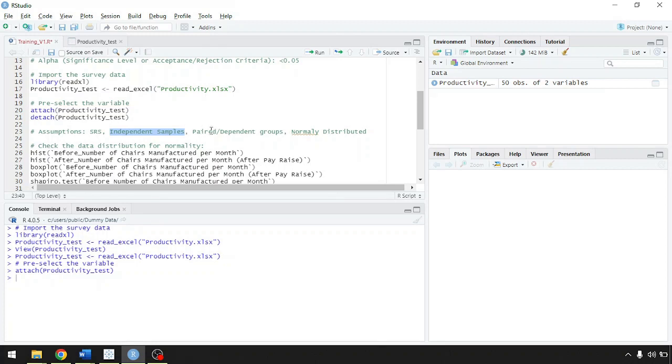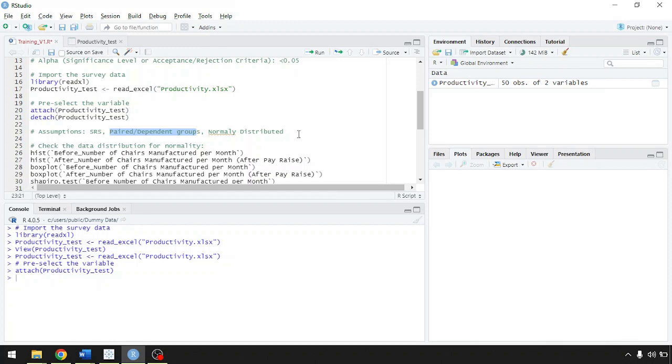The third, excuse me, this is wrong. So they're paired or dependent groups. In other words, one is dependent on the other. They're paired. One represents before the introduction of an effect. The second one represents after the introduction of the effect.